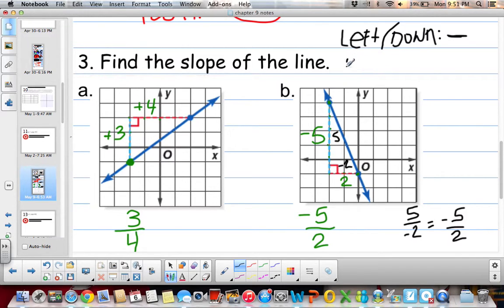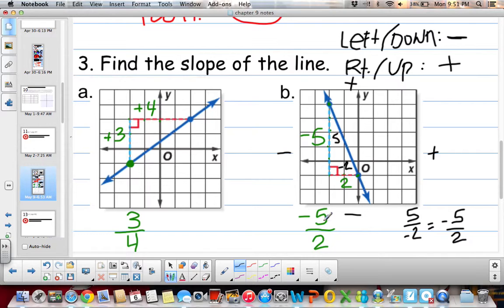If you're going to the right or up, it is positive. So to the right, positive, up, positive, left, negative, down, negative.